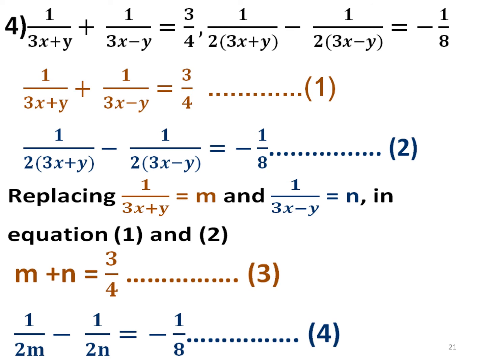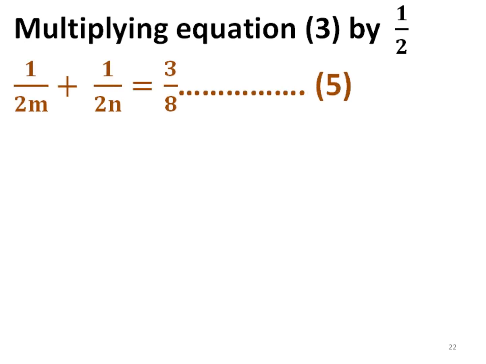This is my equation 4. Multiplying equation 3 by half, I get 1 upon 2m plus 1 upon 2n is equal to 3 upon 8, numbering equation 5.